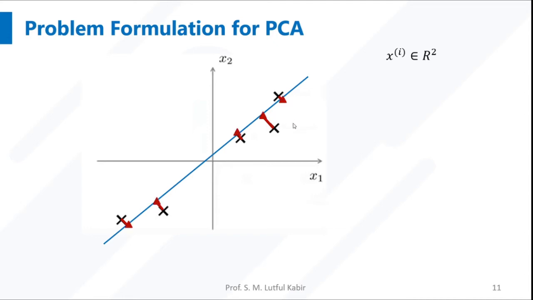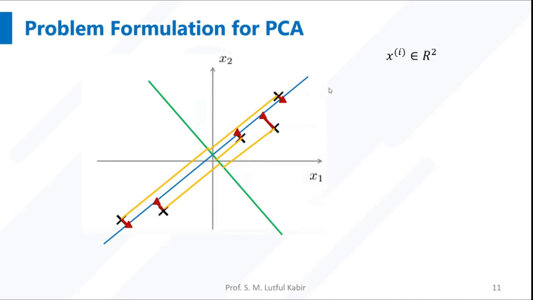For example, if you have a line like this green one, and if we take projection, the projection error will be like this. And if you take the square of these projection distances or errors, then it will be much higher than the previous line. So the previous line, that means the blue line, we call it the best line.